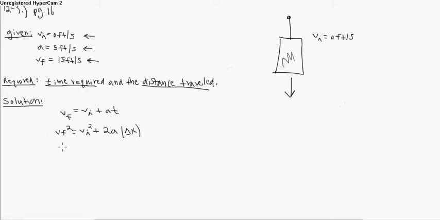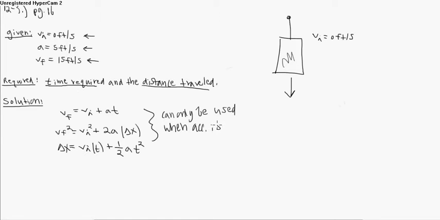And we can also use this formula: change in distance equals velocity initial multiplied by time plus 1/2 multiplied by the acceleration multiplied by the time squared. Now these three can only be used when acceleration is constant, okay?